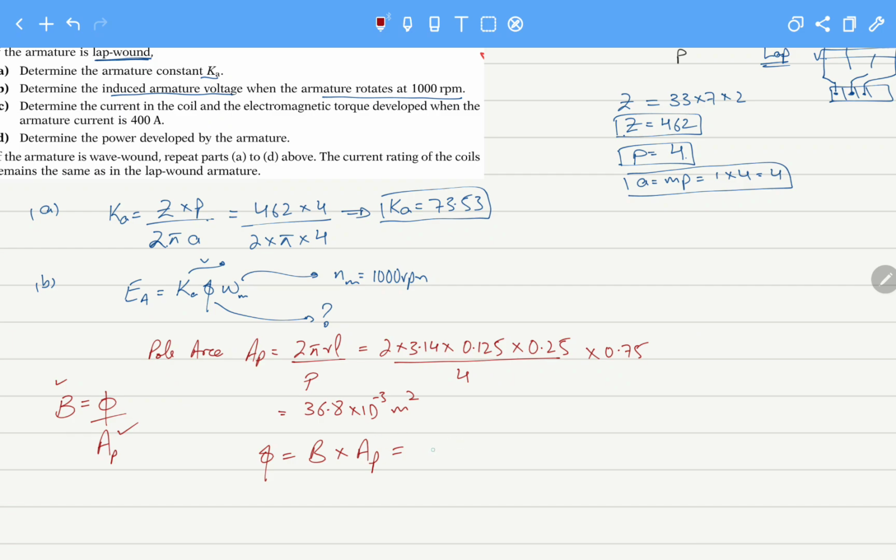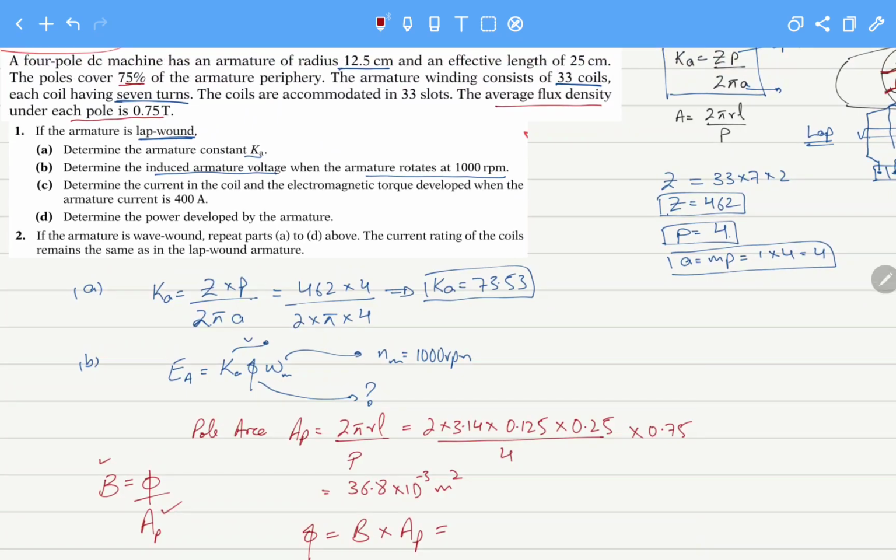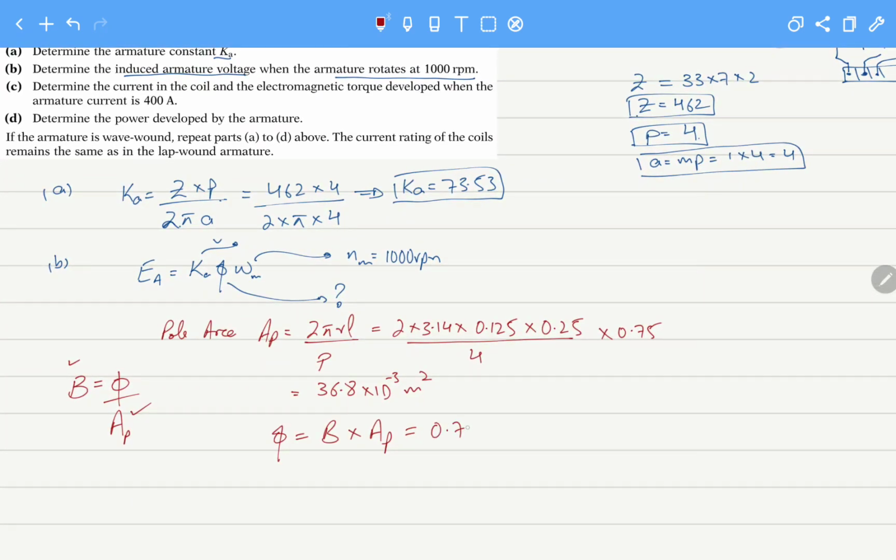What is the flux density? It is 0.75 Tesla into 36.8 into 10 raised to the power minus 3. So the flux will be 0.0276 Webers. That is fine. Now we have the flux and the speed.